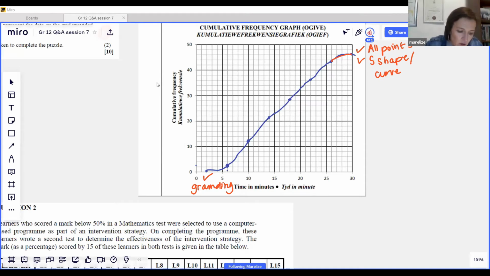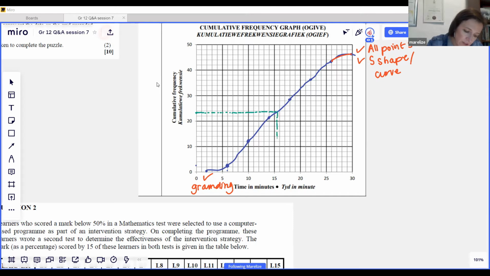You go up to where you will find your 23rd data value, which is probably here, more or less. Whoever marks your paper will work with your graph and what you did on your graph. So this is my 23rd data value. And then you fly along like this until you collide with your graph.